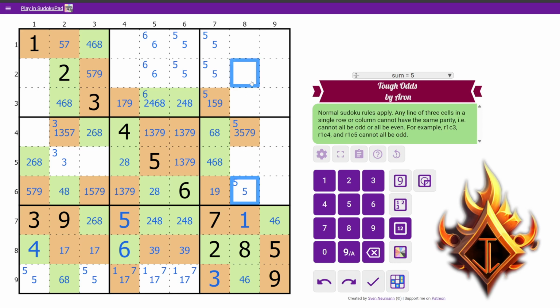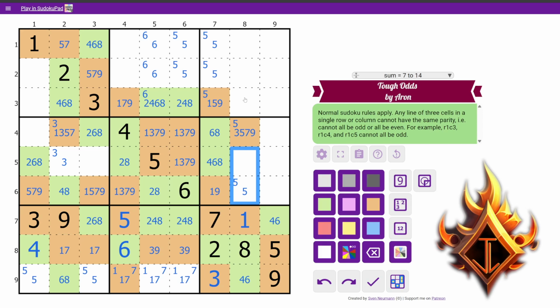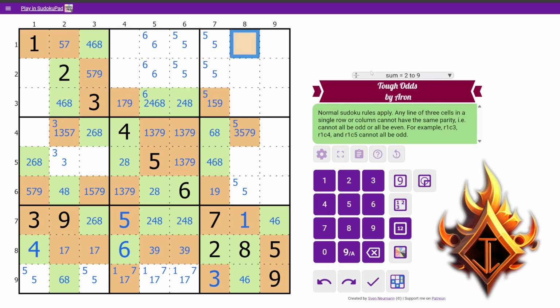Then one of these would have to be even. If this is even, this odd, then that one would have to be even. So no matter what, this top one is odd. Dang. 3 5s, not 5.